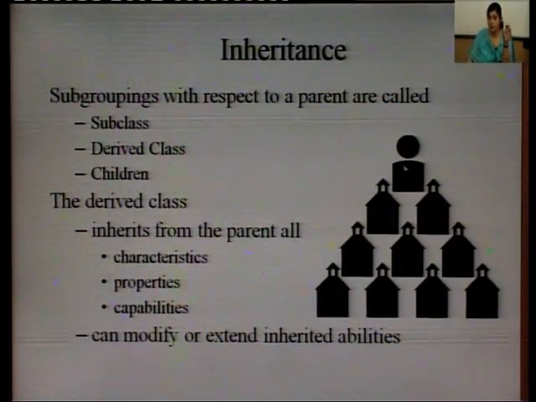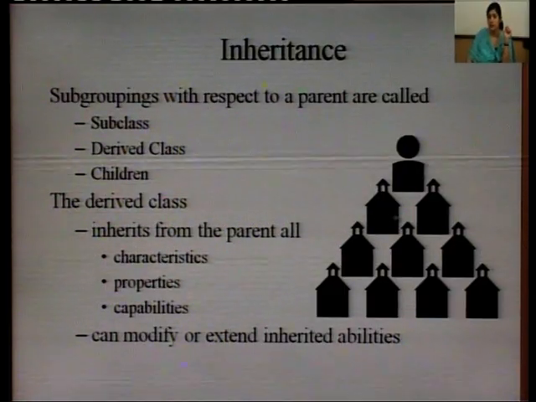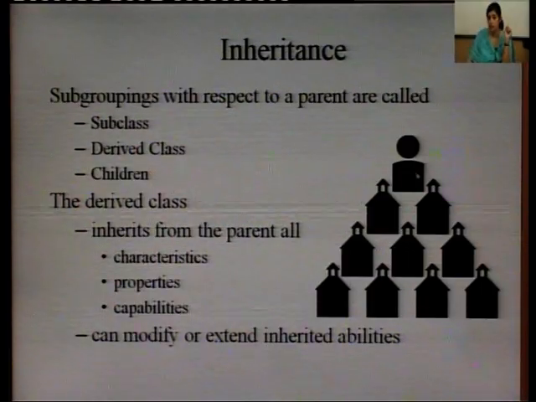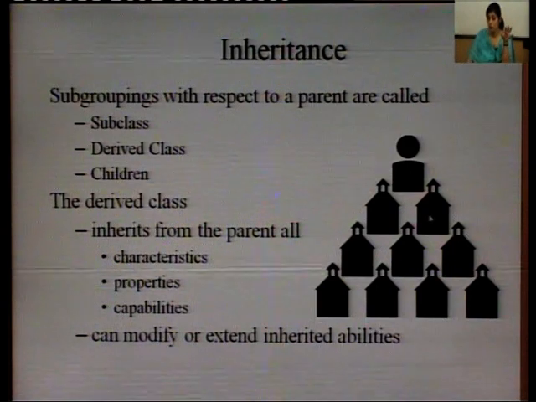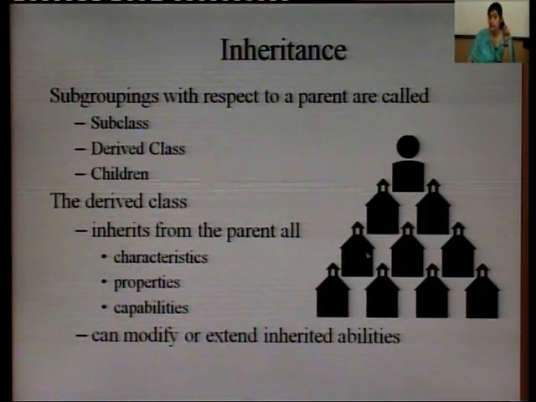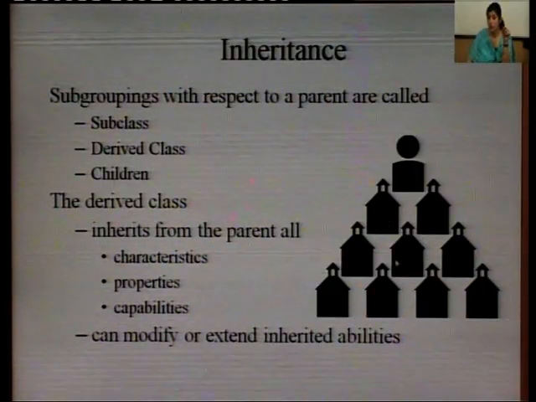If this is a parent and this is two children of this parent base class, then these two children of this base class can have the properties of this parent, and they can have the properties of their own. Means it can extend the feature of base class, and it can reuse and extend the feature of the base class. Similarly, the same as the child of this parent, and this is having two child.